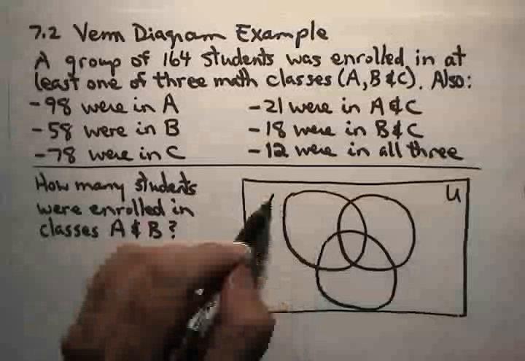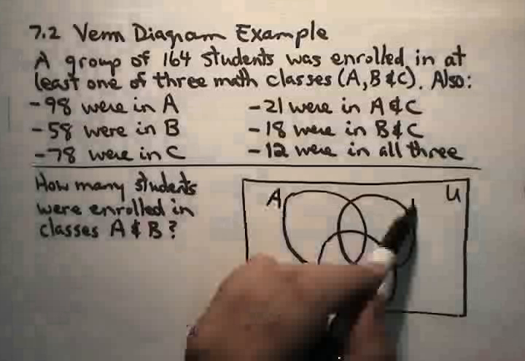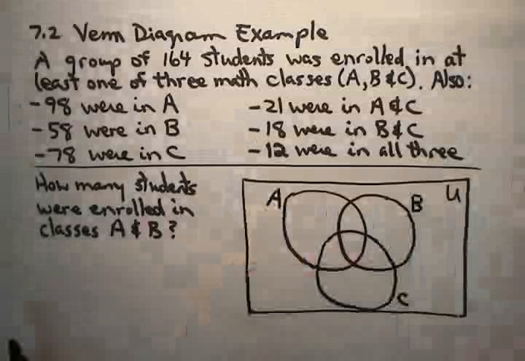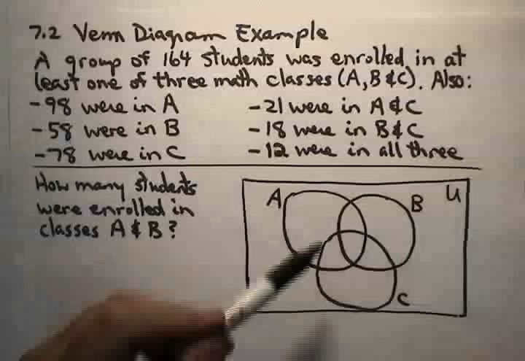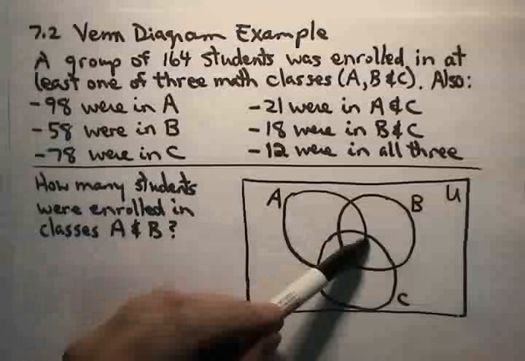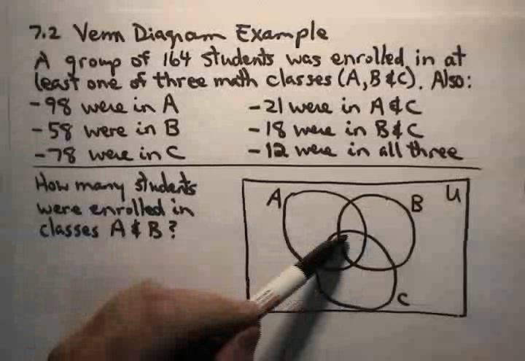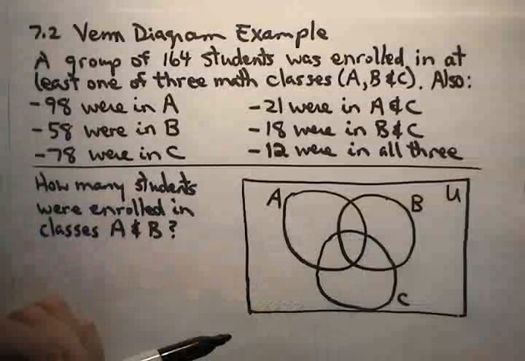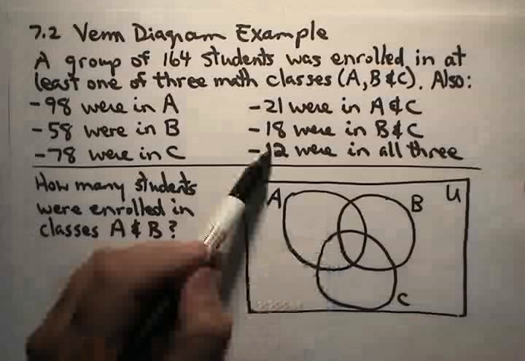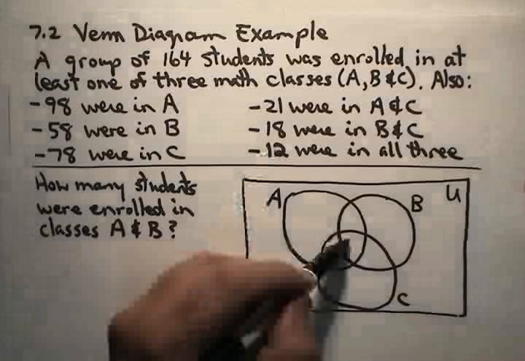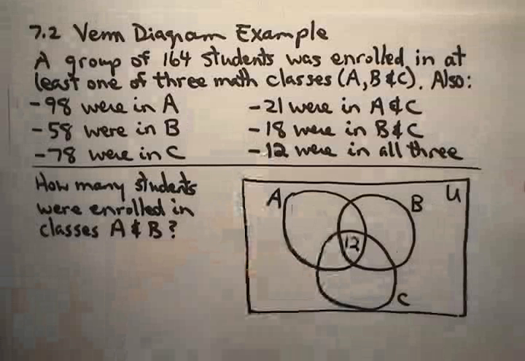I'll let that be A, that be B, that be C. Again, the best way to start these Venn diagram problems generally is to start in the middle and work your way out. So I'd like to know what the number is in the overlap of all three circles. Those are the students enrolled in all three classes, and we know that is 12.